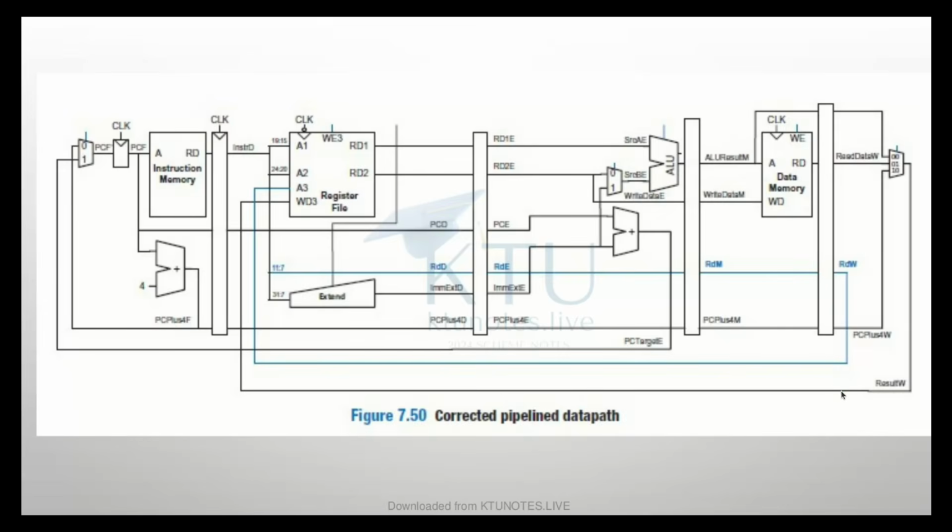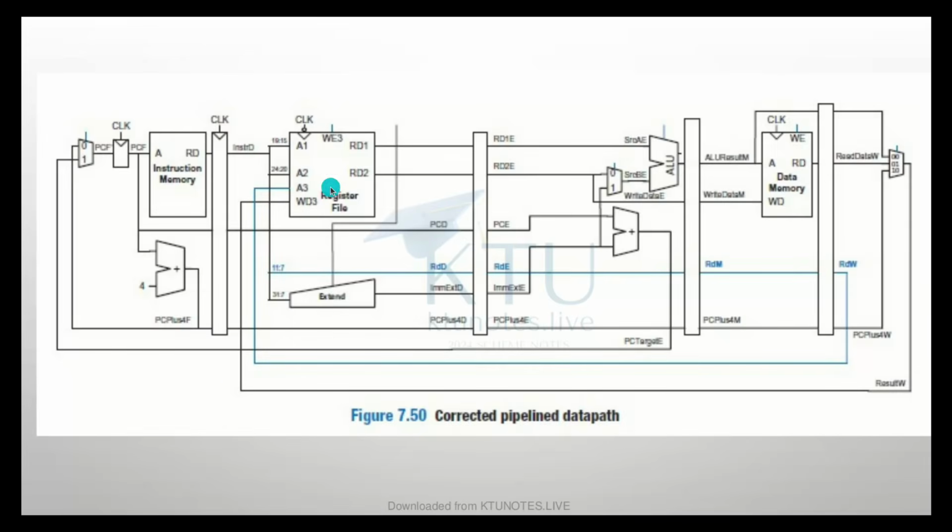Now if I want to write that data, RD is coming from the destination register. What is RD? In that instruction, that instruction's RD value should be stored everywhere. Then only you will be able to write that in here.